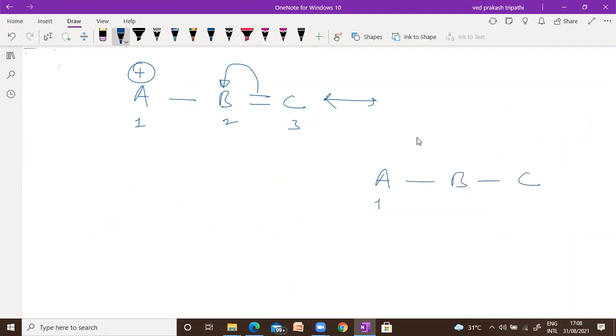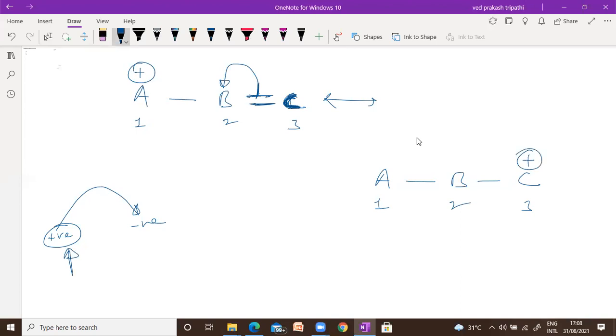I told you arrow representation, head means negative, tail means positive. Number 3 has the tail of arrow.